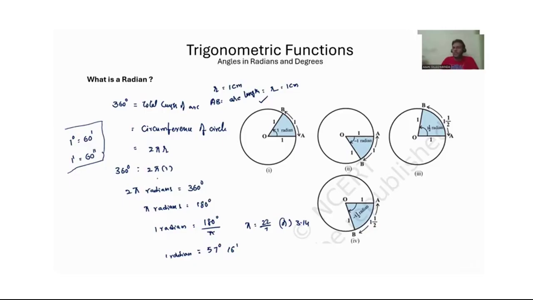As it is a unit circle, I substitute r as 1. So 2 pi radians is 360 degrees, so pi radians is 180, so 1 radian is 180 by pi. If I calculate that value, it comes to 57 degrees 16 minutes. You understand? So that's how we can convert degrees into radians or radians into degrees.